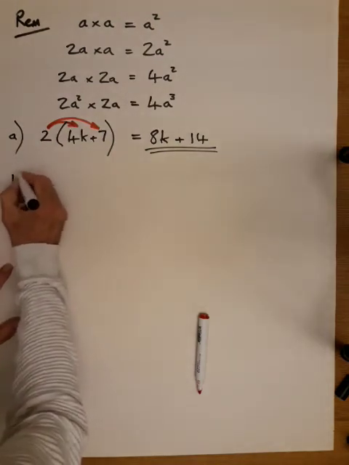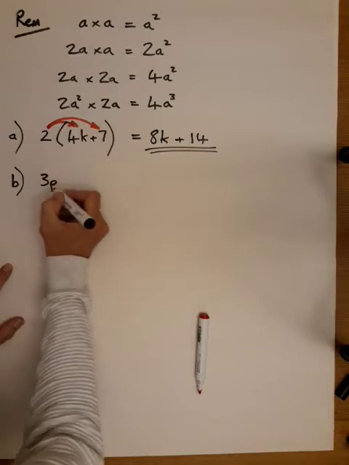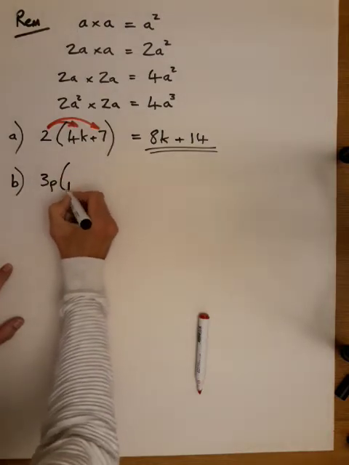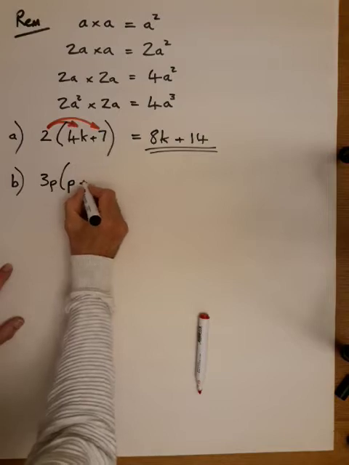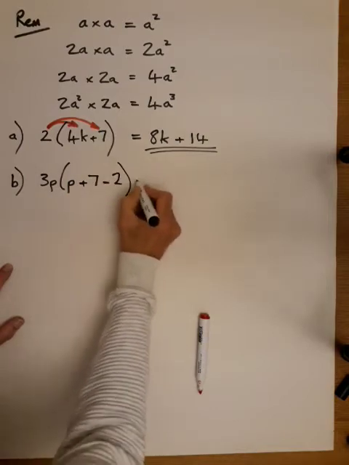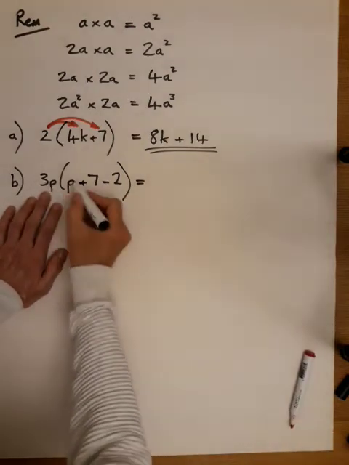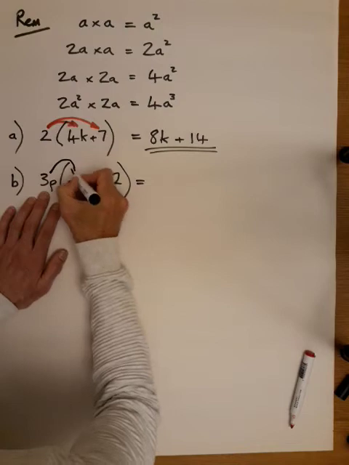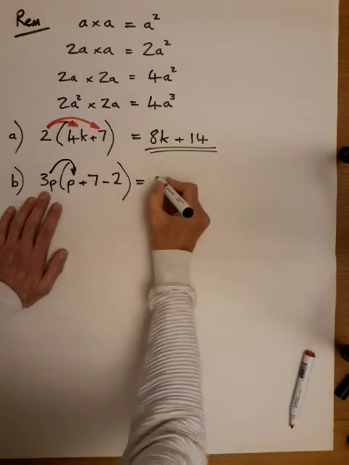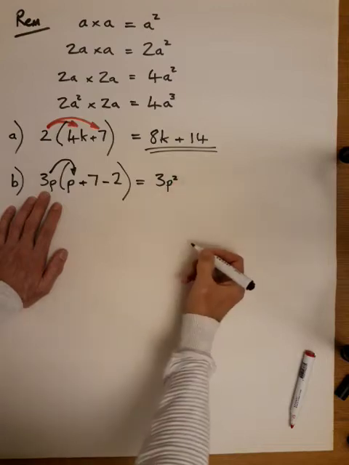Let's do example B. 3p times p plus 7 minus 2. 3p times p, so it's that times that. P times p is p squared.